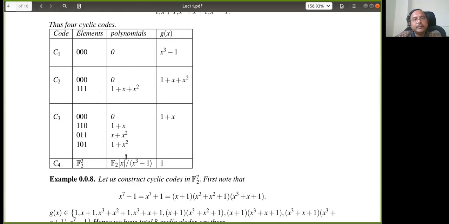Look at here. What is the degree of this polynomial 1 plus x? 1. Now what are the parameters of this code C3, n comma k? N you know.